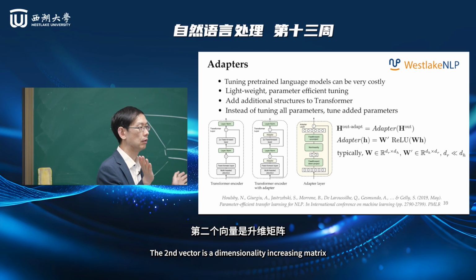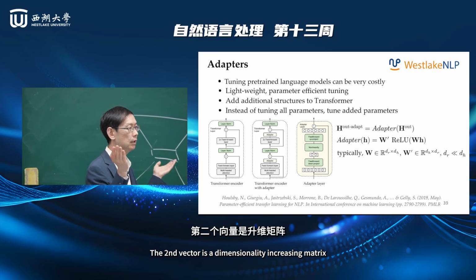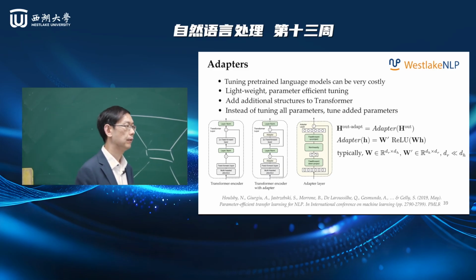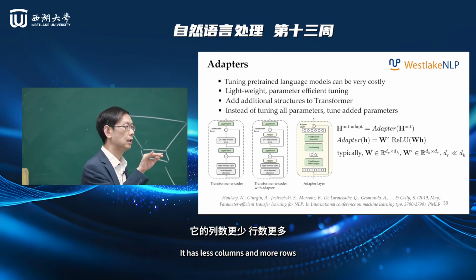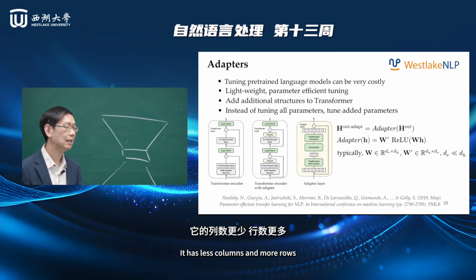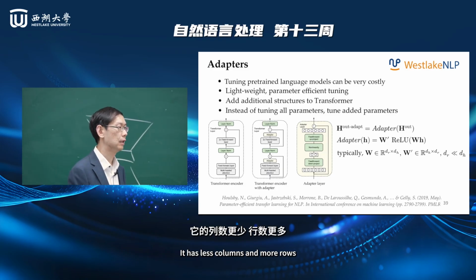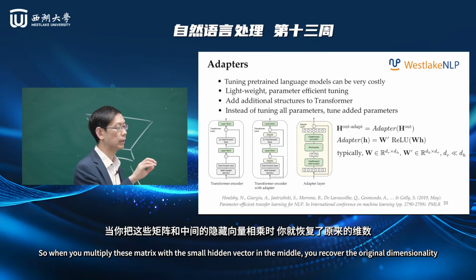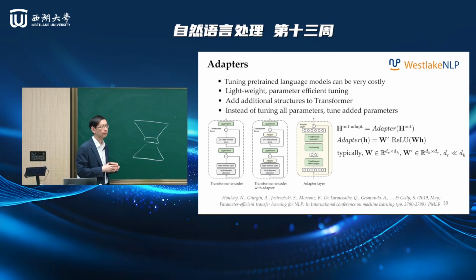The second matrix is a dimensionality increasing matrix. It has more columns and fewer rows, so when you multiply this matrix with the small hidden vector in the middle, you recover the original dimensionality.